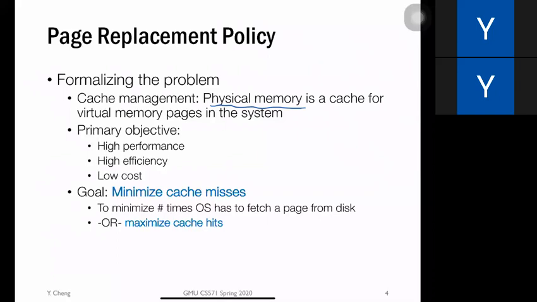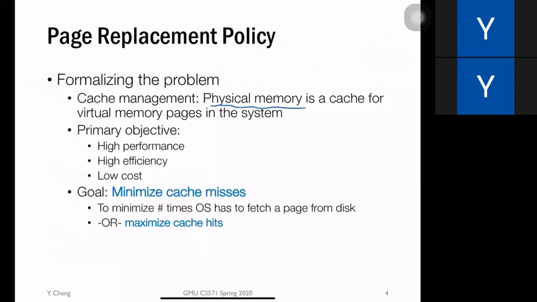And recall that the virtual memory consists of 2 parts. The first part is the faster cache part. And the second part is a relatively slower backing store, persistent storage, for example, hard disk drive or flash SSDs and whatever, okay?